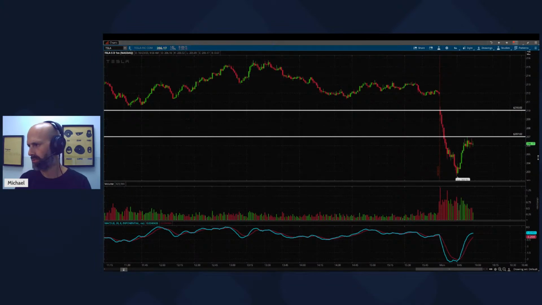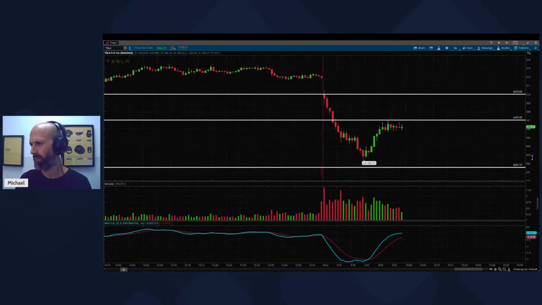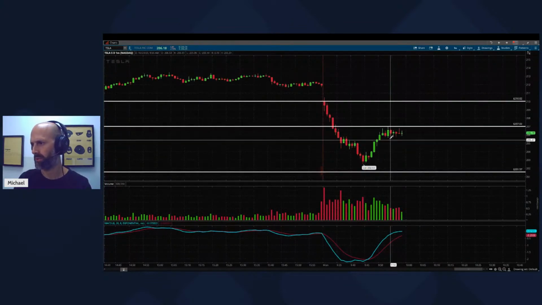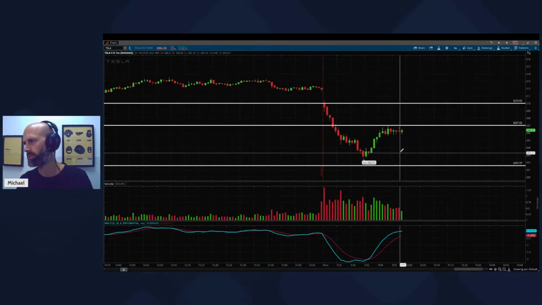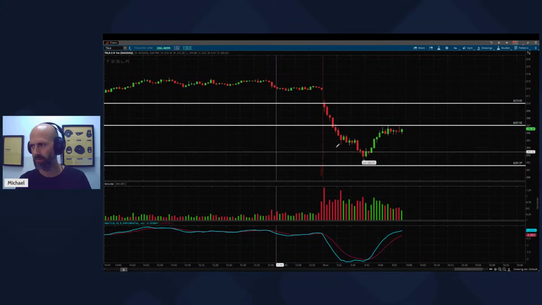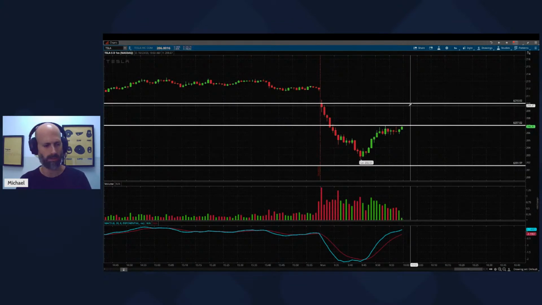Okay, so interesting on Tesla, for example. Again, we need the market with us on this one, but a short on Tesla going all the way down to the 201.50s could be an interesting place to look. If not here, and if not from this level, then maybe on the 210.